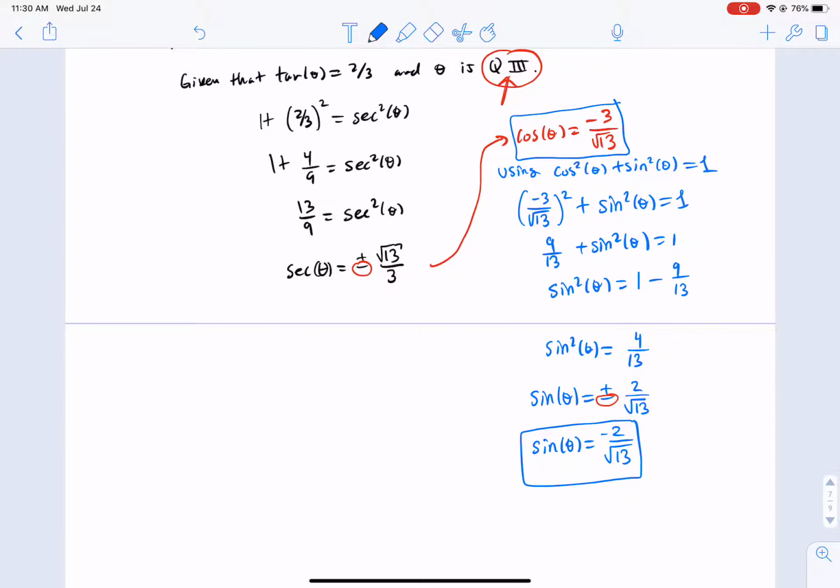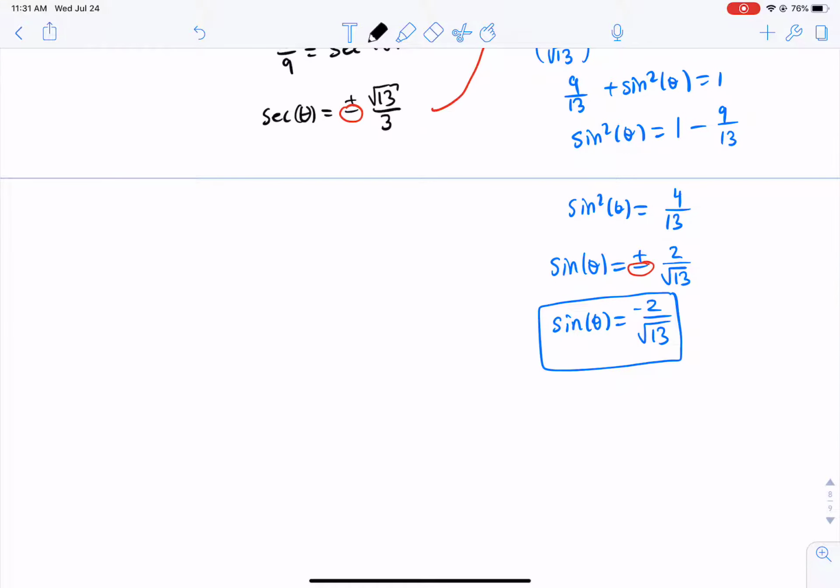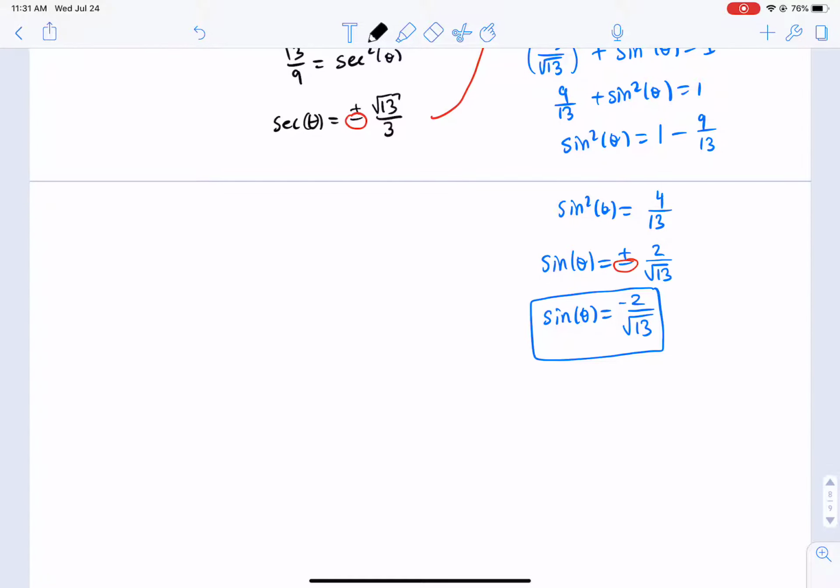Let's take a look at this next problem here. Let's see if this makes sense, right? Similar to what we did. And this time, I'll tell you if sine theta is equal to -4/5, right?